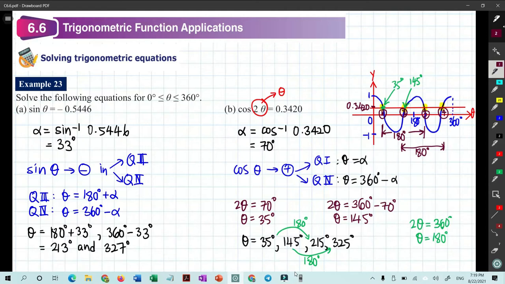So let's say it's 3 theta, then you're going to get 6 solutions, and the value that you're going to add, it should be 3 theta equals 360, and theta is going to be 120.